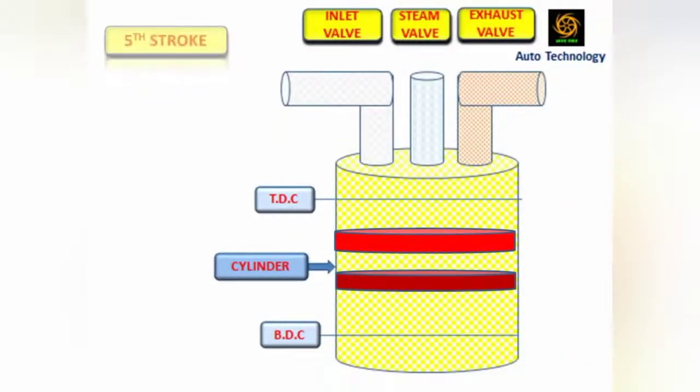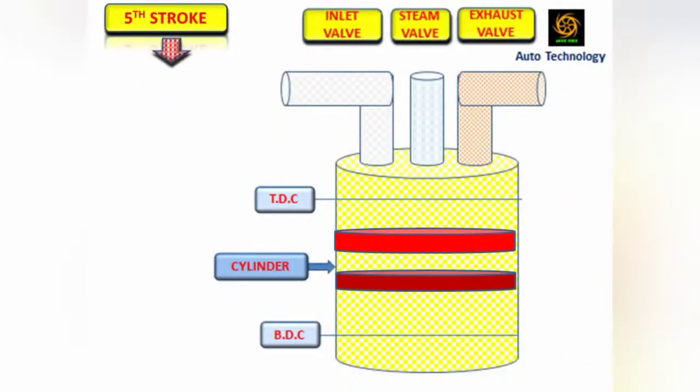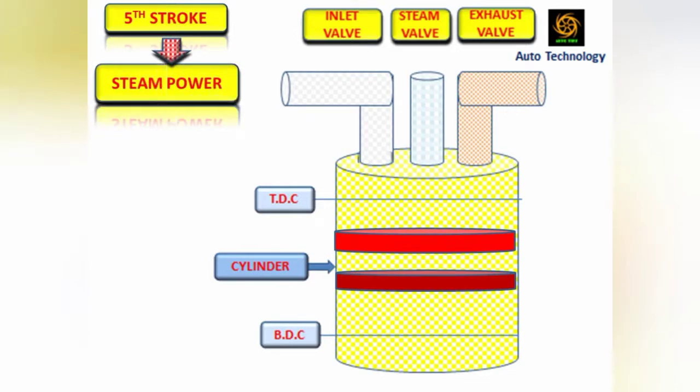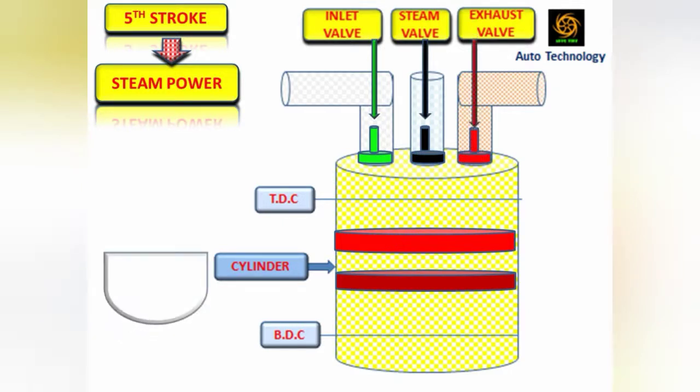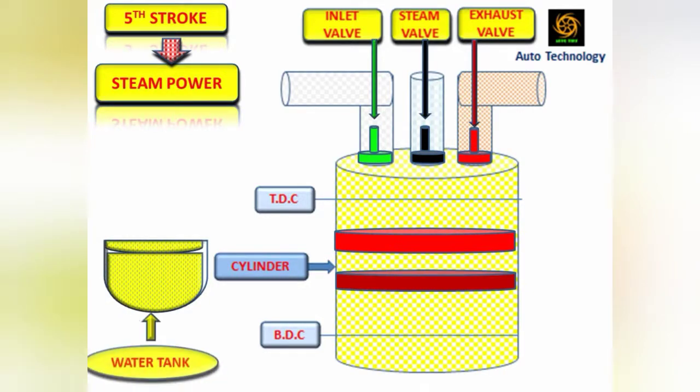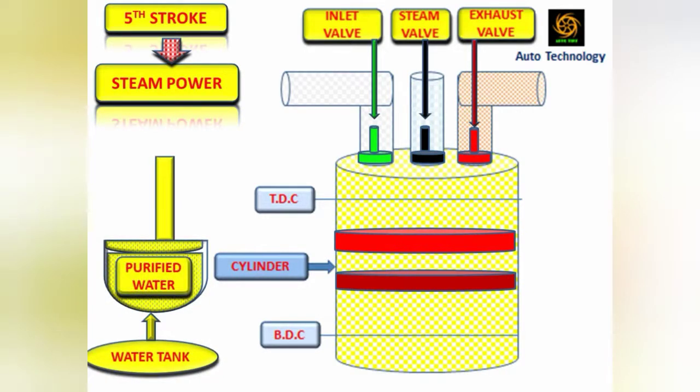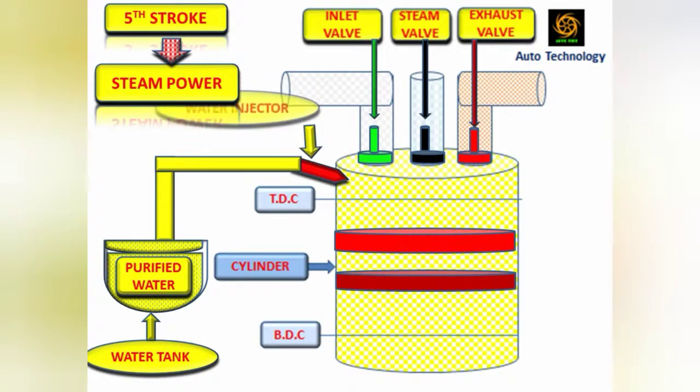Now we see the 2 additional strokes. The fifth stroke of the 6-stroke engine is steam power. In this stroke, the inlet valve is closed, the steam valve is closed, and the exhaust valve is also in closed position. The 6-stroke engine has a water tank. This tank contains purified distilled water. This is the water injector.